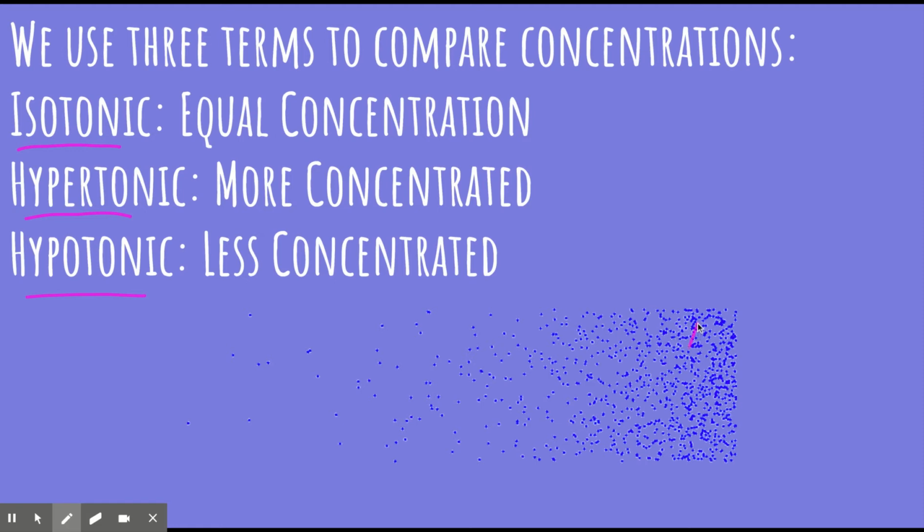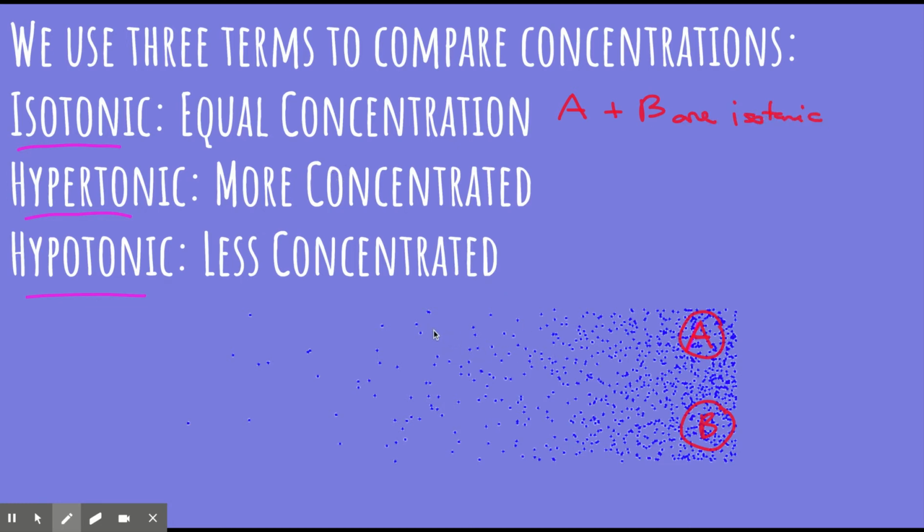If I was to look at this area right here, let's say this is area A. If I was to compare area A with area B, the circled areas, those areas seem to be fairly equal in concentration. So I could say that A and B are isotonic.